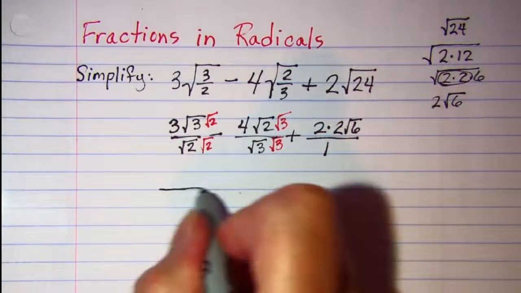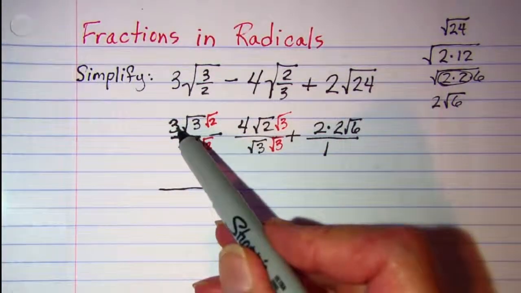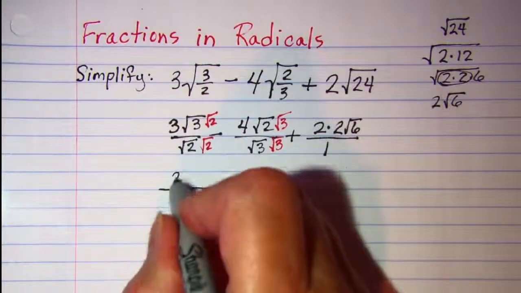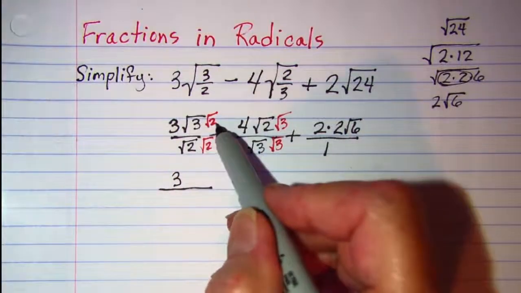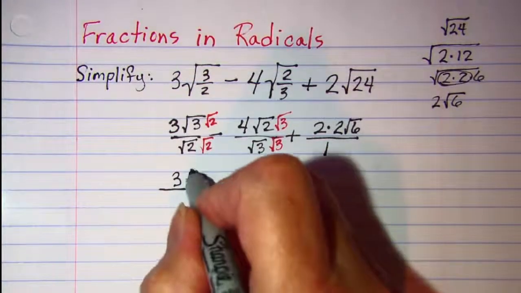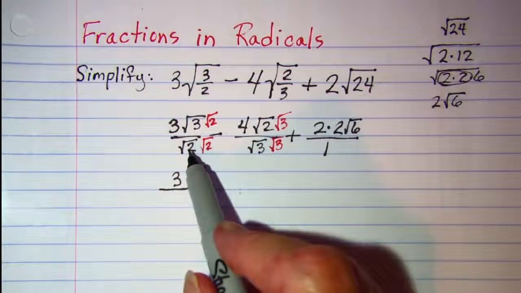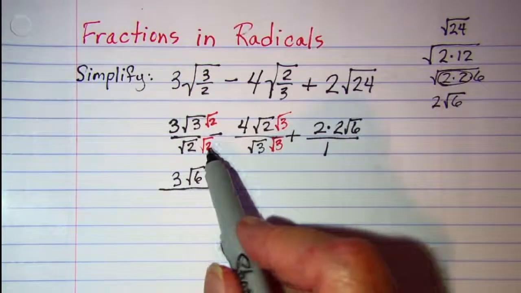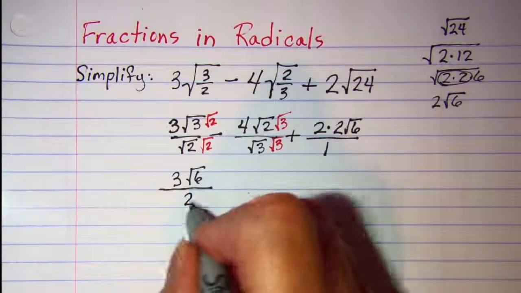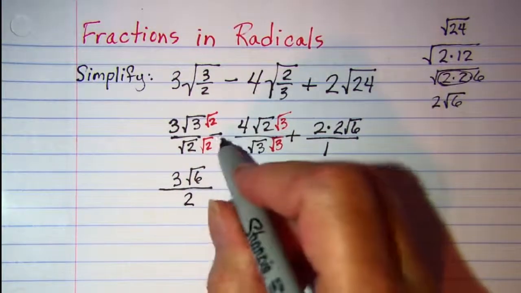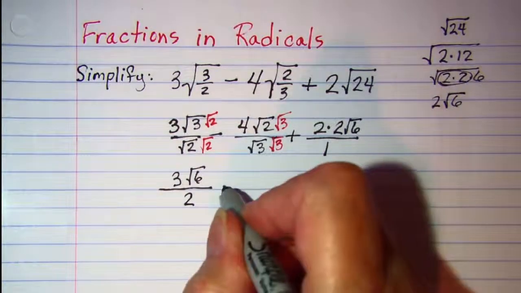So this first term then, I have 3, and then root 3 times root 2 is root 6. In the bottom, we have a square root of 2 times the square root of 2, which is just 2. And then I have subtraction here.